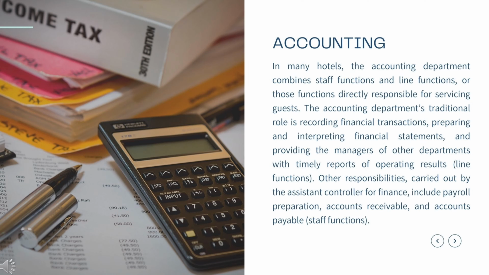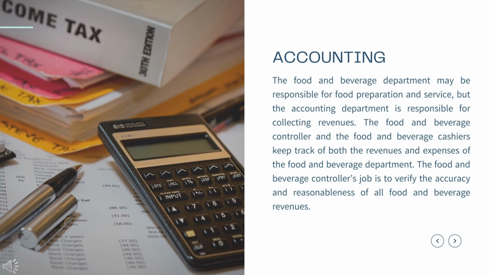The food and beverage department may be responsible for food preparation or services, but the accounting department is responsible for collecting revenues. The food and beverage controller and the food and beverage cashiers keep track of both revenues and expenses of the food and beverage department. The food and beverage controller's job is to verify the accuracy and reasonableness of all food and beverage revenues.